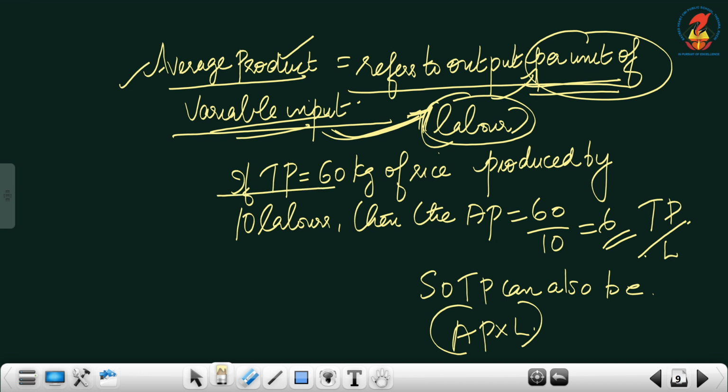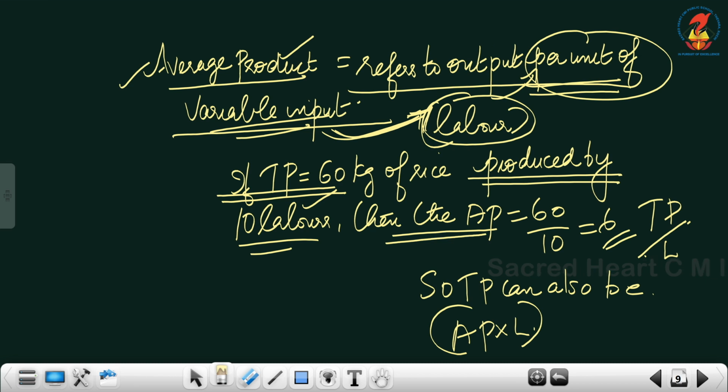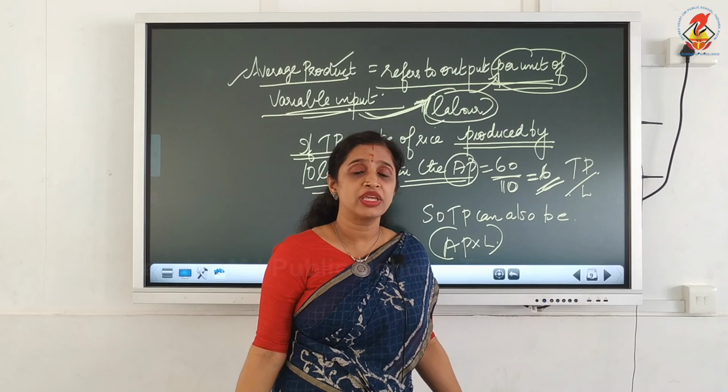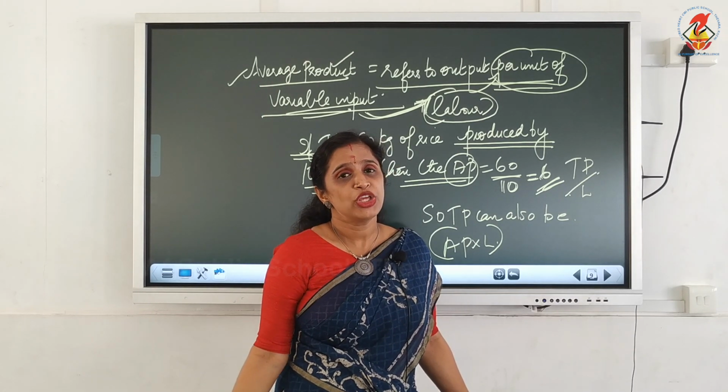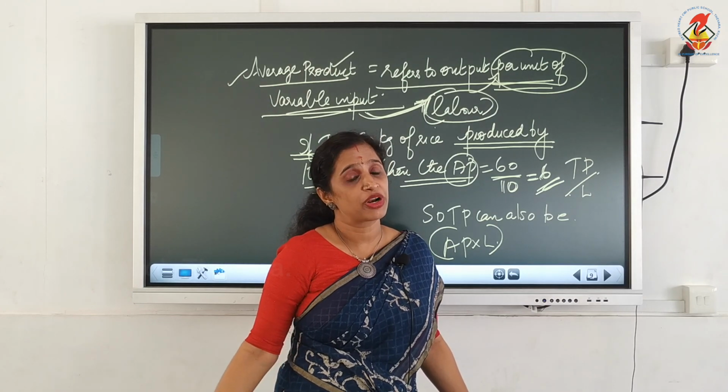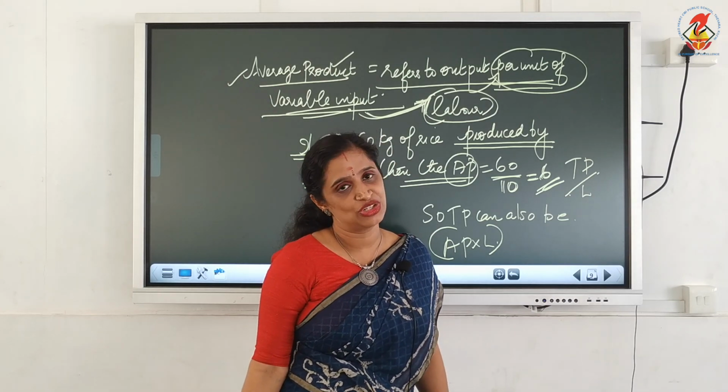For example, total product, as you already know, is 60 kg of rice, produced by 10 laborers. Therefore, how can you find the productivity of each labor? That is known as average product. 60 by 10 is equal to 6. So the productivity of each labor is 6 kg of rice.